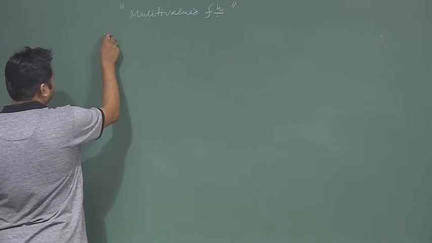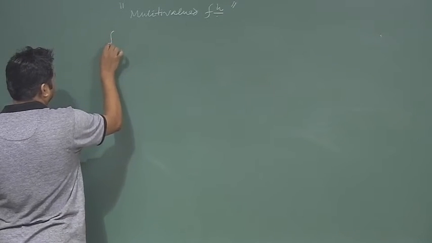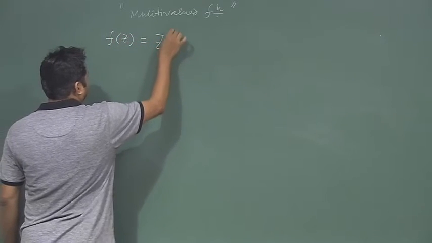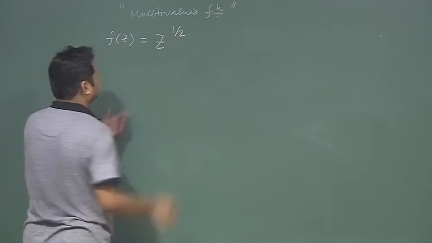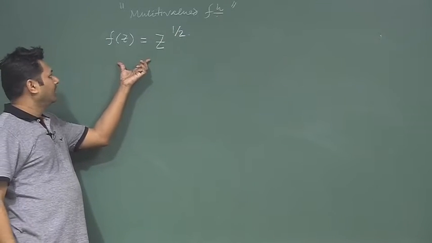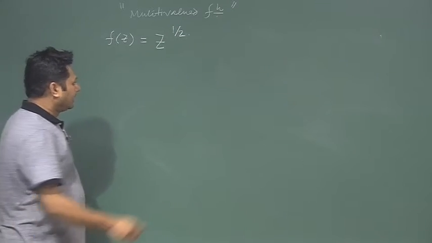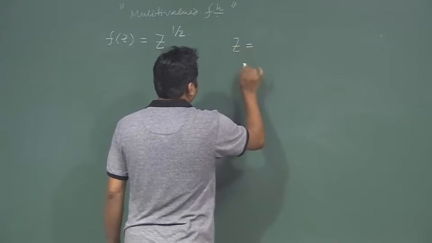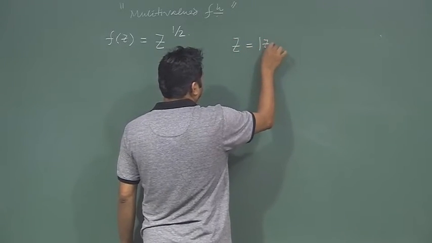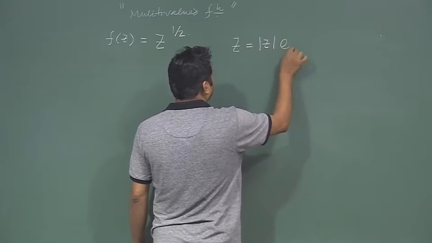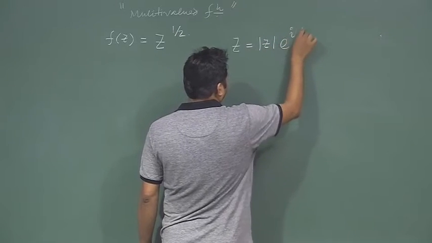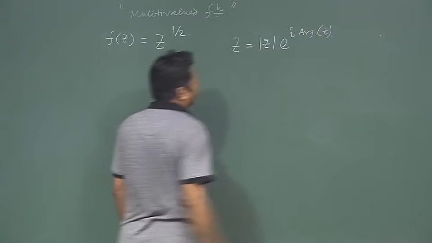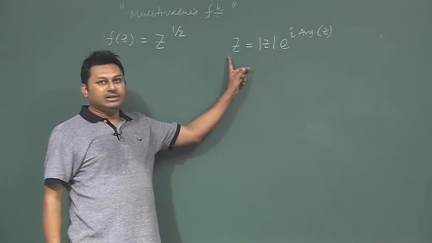Let me give you an example. Say f(z) is z to the power half. Then what happens if I write z as mod of z and the corresponding phase term, which is the argument of z? I can write the entire z in this way.